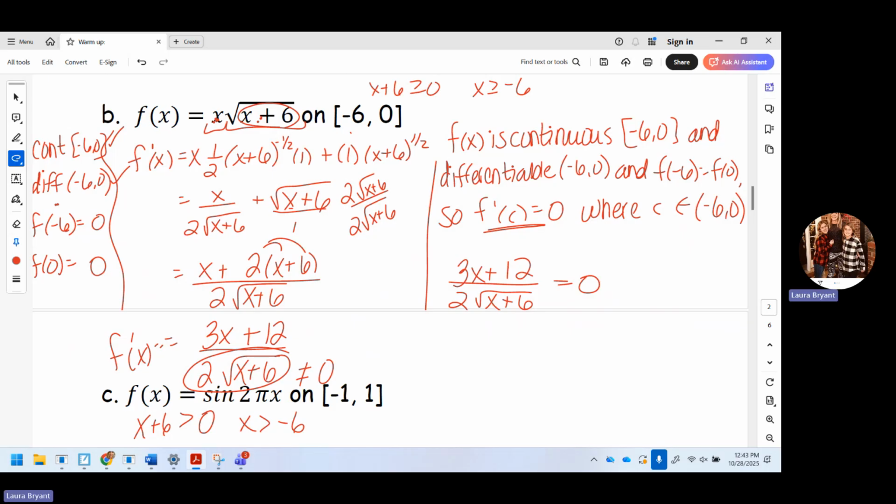So I'm going to multiply both sides by the denominator, and that will just cancel the denominator out. And then subtract 12, divide by 3, x is -4. And by the way, I'm okay with you putting c equals or x equals. But that number is between -6 and 0.